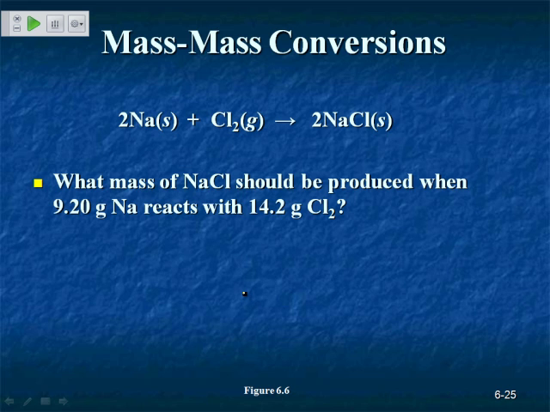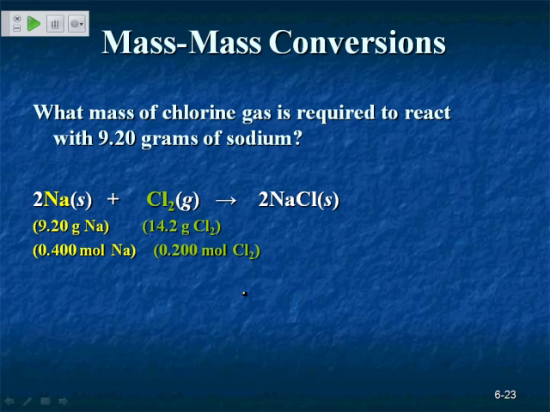If you go back to here, we have already done half of the calculations. You can either use chlorine's mass or sodium's mass to calculate sodium chloride. You have to just use the appropriate mole ratio. Let us do it with sodium.